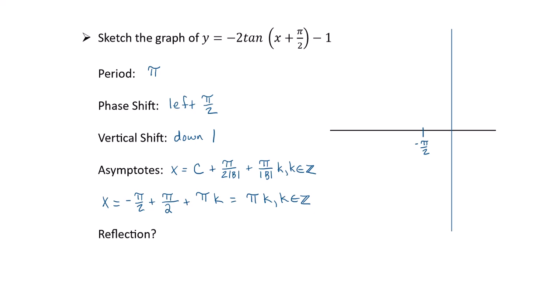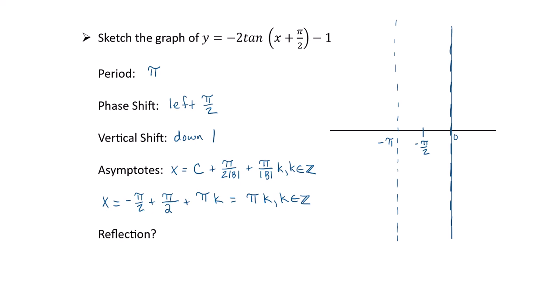And my period is pi, so that means that I'm going to have an asymptote here at -pi, and here I also have a vertical asymptote there. That goes according to the equation for the asymptotes that we figured down here.